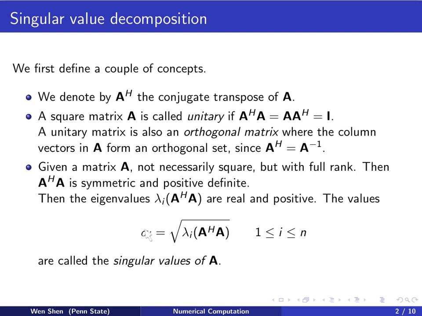So we define sigma_i to be the square root of the eigenvalue of A^H times A. Since these are all real and positive, the square root returns a real and positive number, for each i from 1 to n. These sigma_i's are called the singular values of A. So you are expecting that our decomposition would utilize those singular values.